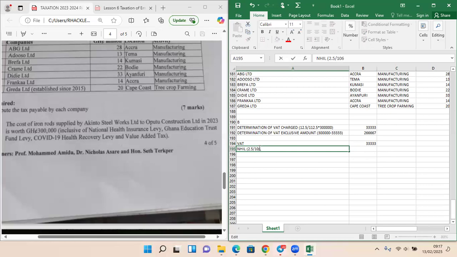The reason why it is over 106 is because the NHIL, the GETFund, and the corporate levy are charged together and they are inclusive together. So when you add the NHIL, which is 2.5%, GETFund also 2.5%, and COVID levy 1%, it comes to 6%.